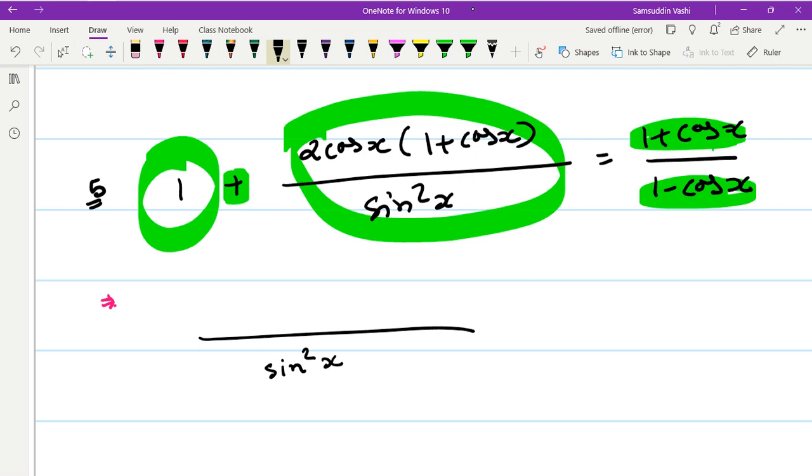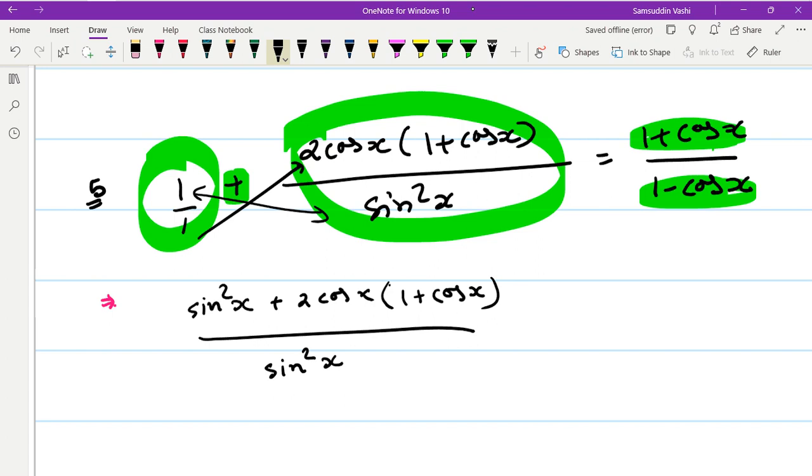That sin squared x is going to give me 1 minus cos squared, and 1 minus cos squared will give me 1 minus cos x, 1 plus cos x. Okay. Numerator part: sin squared x plus 2 cos x, no change there, 1 plus cos x.